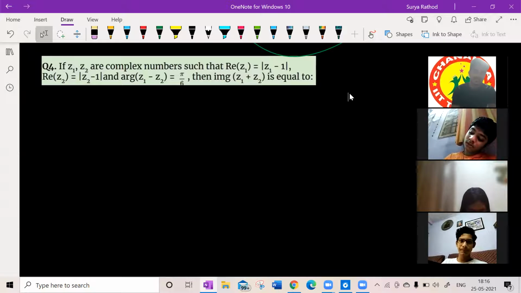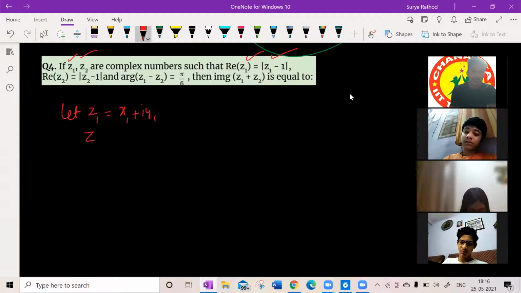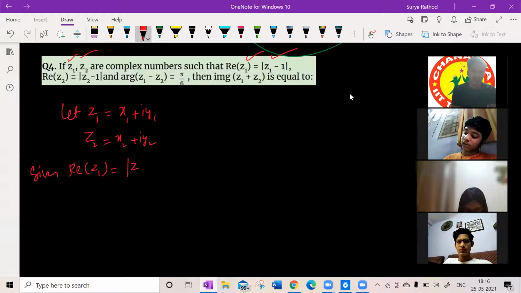Look at what is given here. z1 and z2 are complex numbers such that real part of z1 is equal to modulus of z1 minus 1. So let z1 is equal to x1 plus iy1, z2 is equal to x2 plus iy2, and given that real part of z1 is equal to modulus of z1 minus 1, right?